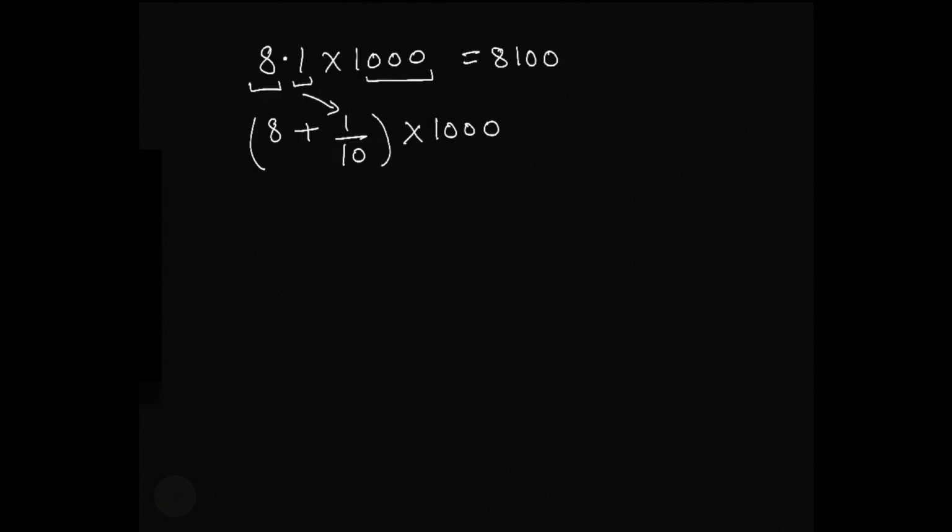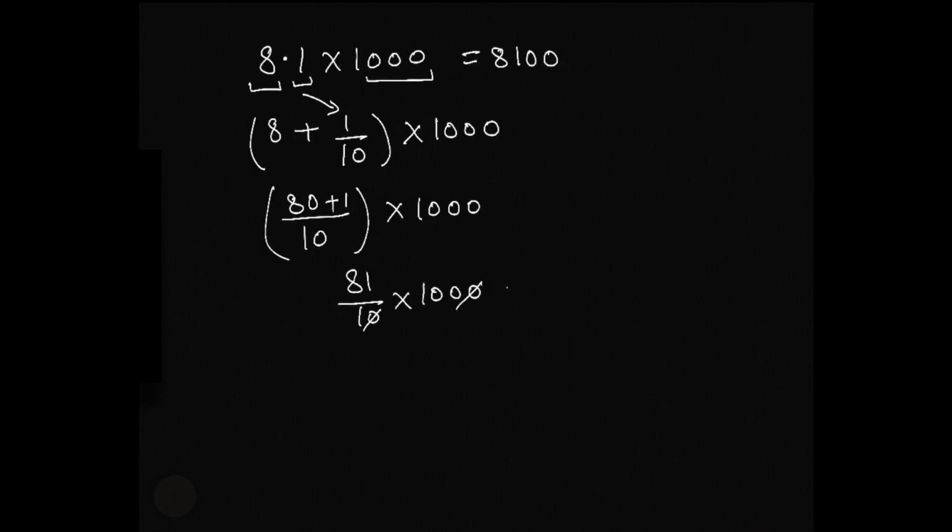We know how to add a whole number and a fraction, right? By taking LCM. So this is 80 plus 1, that is 81 by 10 into 1000. Let's cancel this. So it gives me the answer 8100, which is the same as the shortcut.